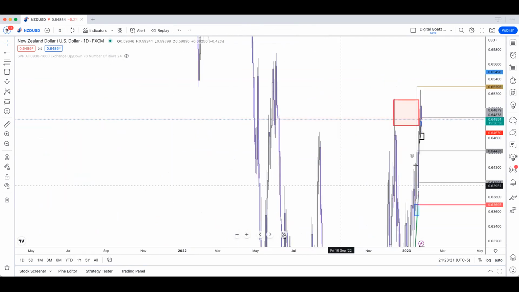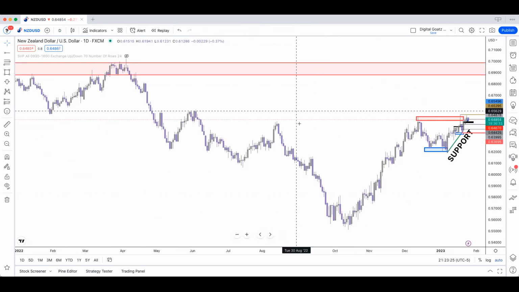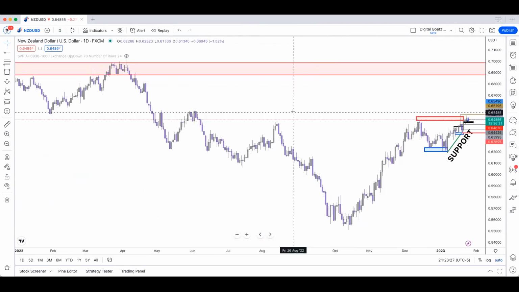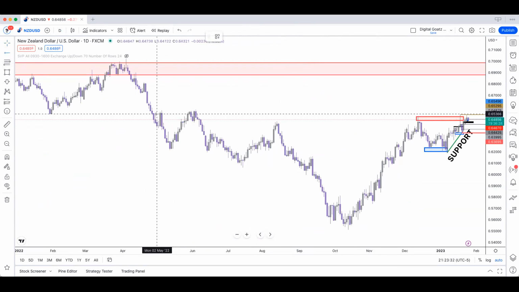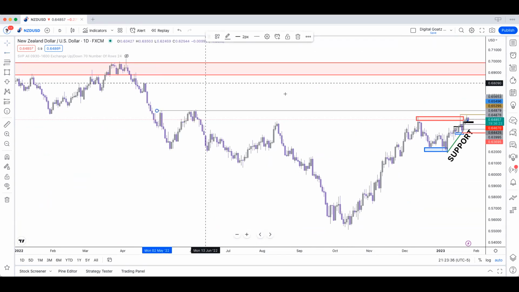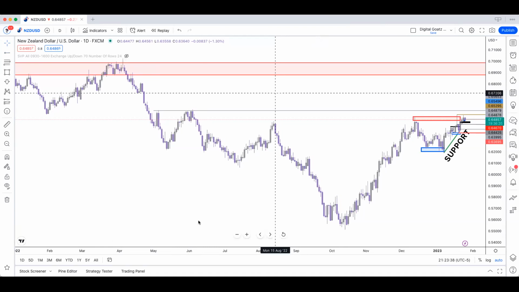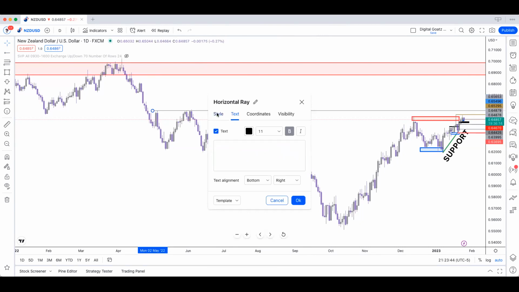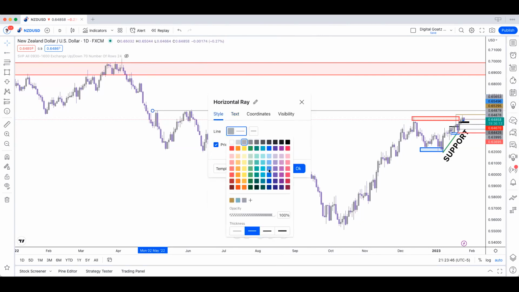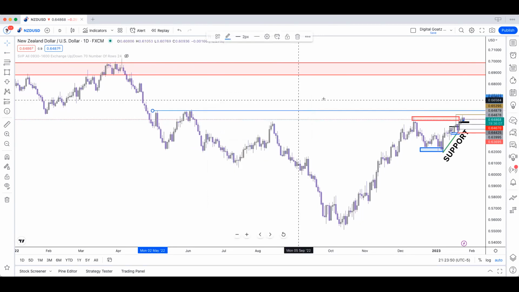We don't even have another level until pretty much we get to this area, this resistance up here, which would be at, let me see, 65, 653.